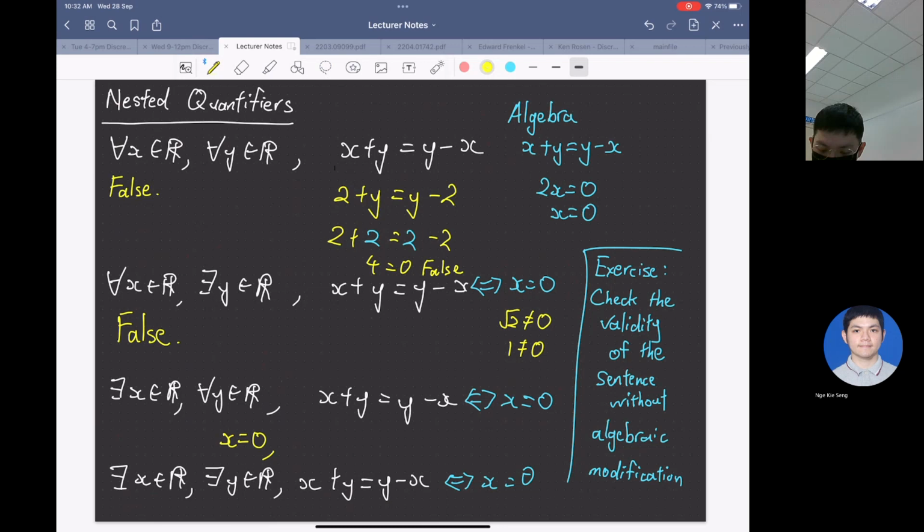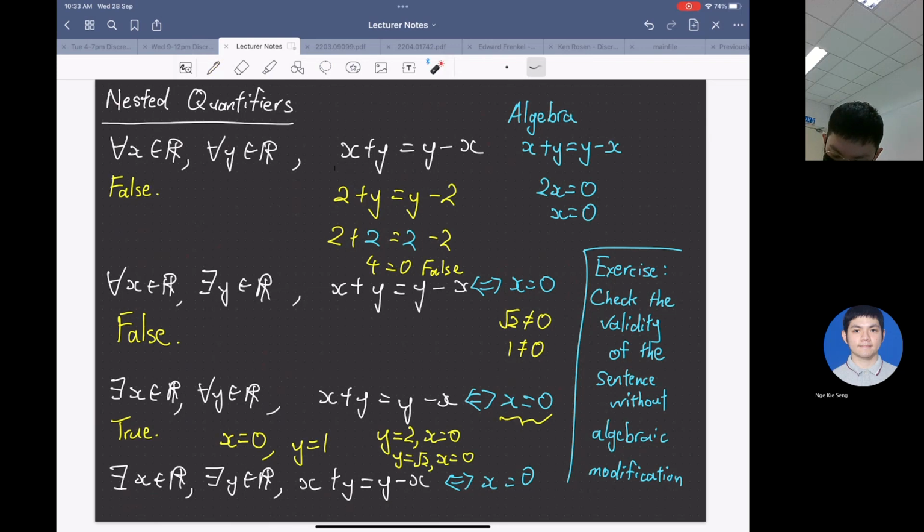What y can I pick? Anyone, right? Because y doesn't come into this equation. So if I pick y equals 1, x still equals 0. If I pick y equals 2, x still equals 0. If I pick y equals square root 2, x still equals 0. So it is true.